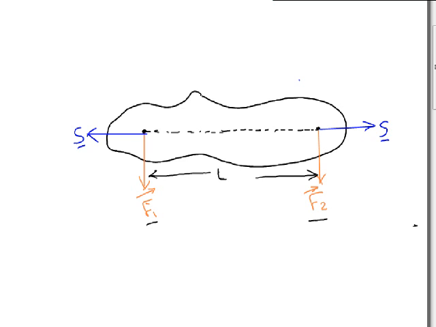And so this force S and this force S are in equilibrium. And principle of superposition guarantees that adding a system of forces in equilibrium does not change the state of the system in any way.